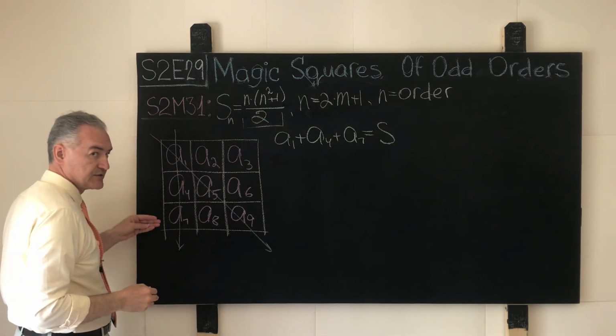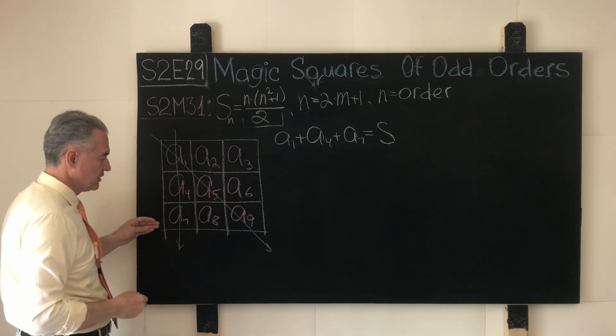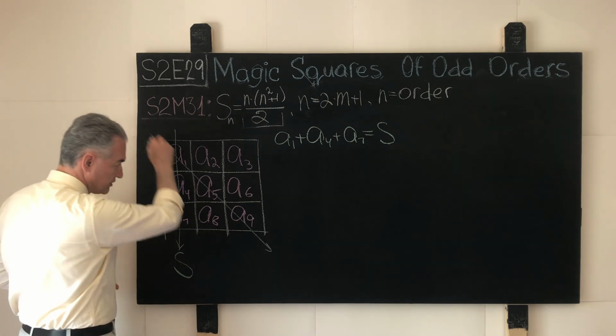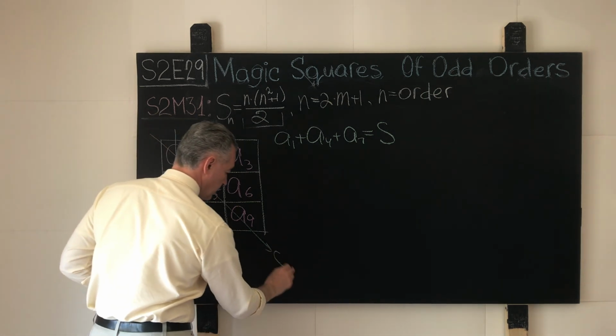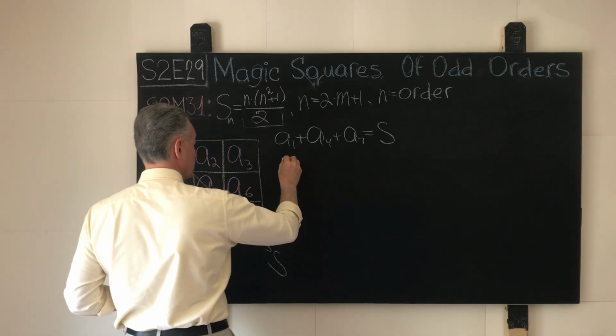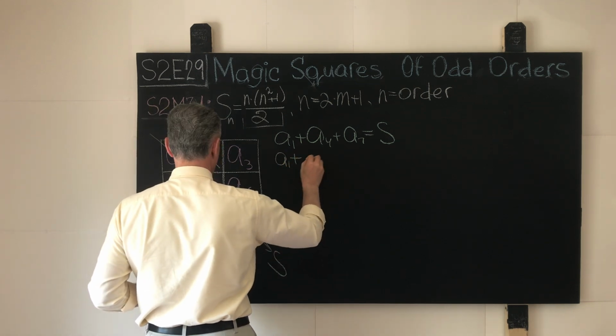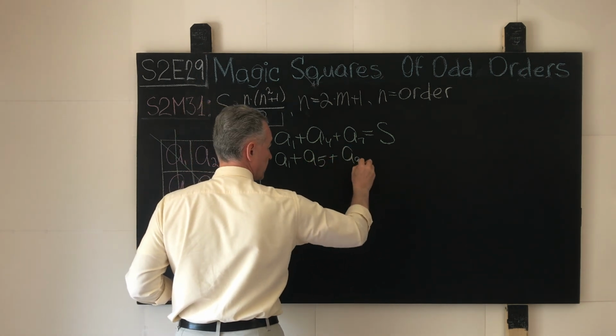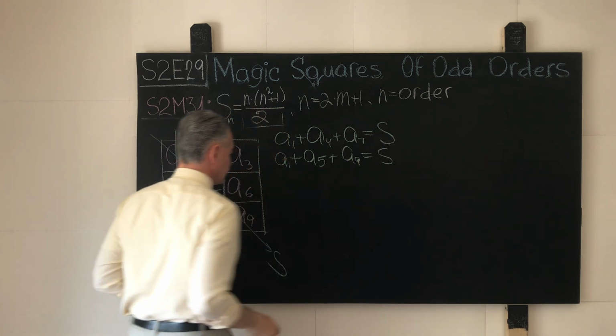If we sum this column, we get the number S. And if we sum all the numbers along the main diagonal, we also get S. In other words, if we write down A1 plus A5 plus A9, we also get S.